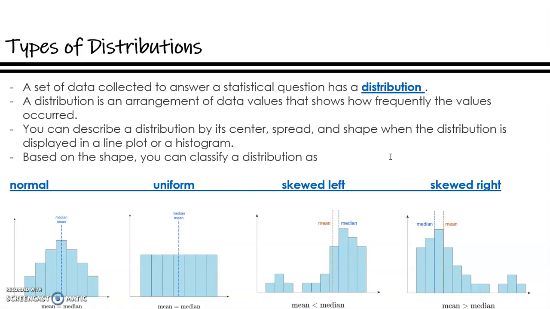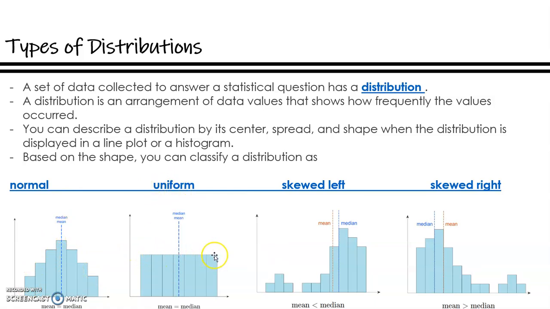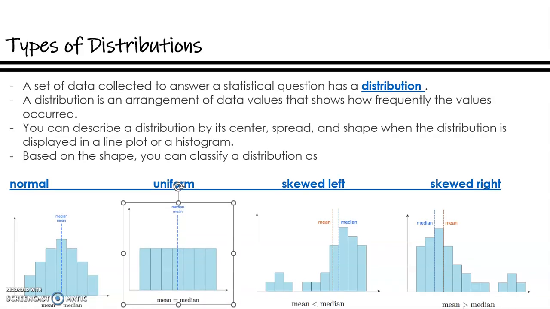So based on the shape, you can classify it as normal, so the center is right in the middle, and to the left it goes down and to the right it goes down. Uniform means that everything is the same. Notice too, down here at the very bottom, it's kind of hard to see. Let me see if I can scoot my camera area down a little bit.